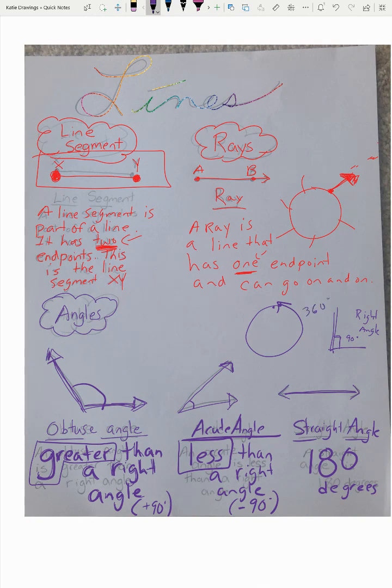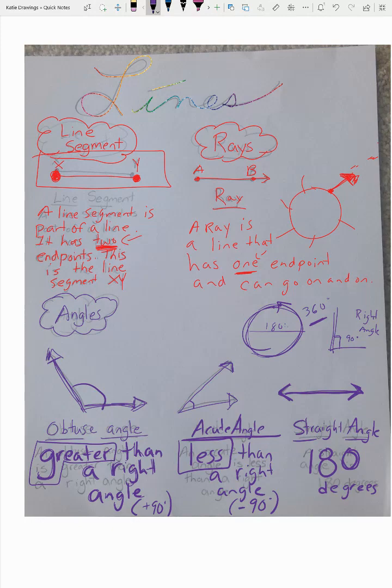So if you flatten it out, this would be 180 degrees. So going all the way around is 360. So 180 would just be a straight line, or a straight angle, I should say.